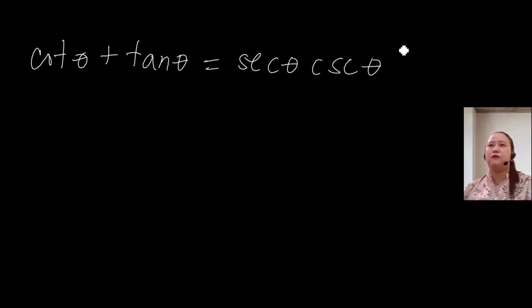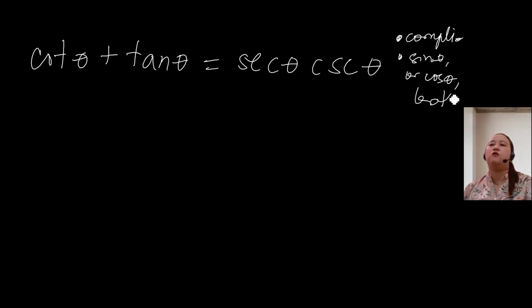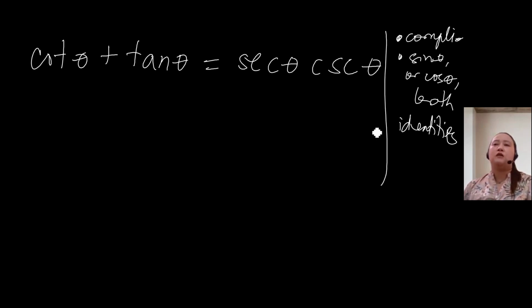Again, the first thing that you need to do is to determine which one is complicated. The second thing that you need to do is to write it in terms of sine theta or cosine theta or both by using identities. That is what you need to do. In identifying which side is complicated, just to let you know, you have to identify which has the addition or subtraction.